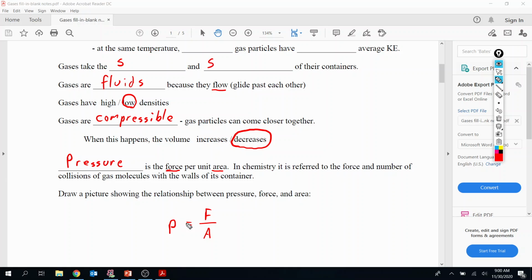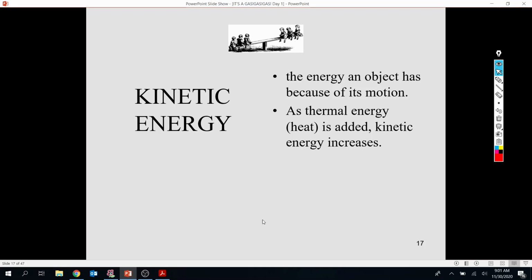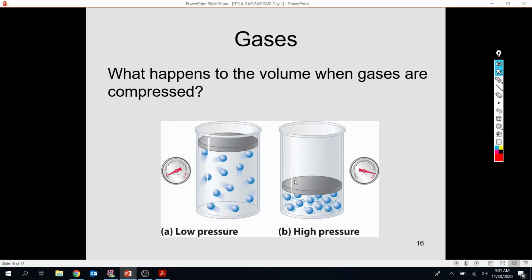So in this case, let's think about our two variables, force and area. Let's go back just for a moment. Okay, so let's think about force and area.